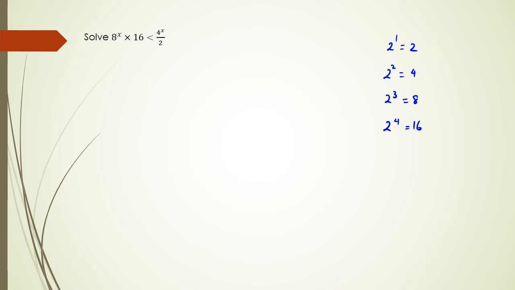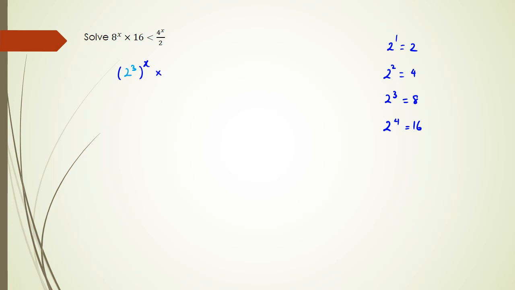Alright, so the first method. So we've got 8 to the power of x, so I'm going to rewrite 8 as 2 to the power of 3, because I know that 2 to the power of 3 is 8.